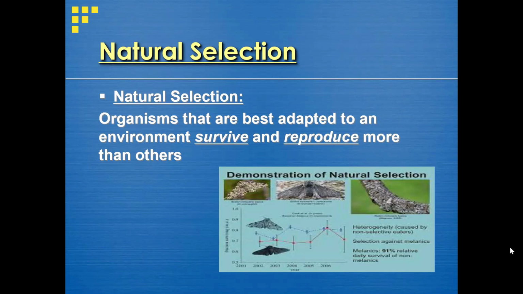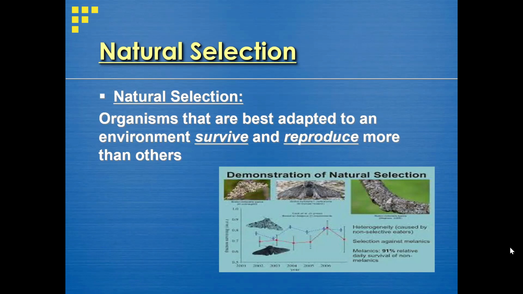and also as a result of that adaptation, because when you say adaptation, it means the ability of a living organism to survive in a particular environment. So those organisms that are able to survive in a particular environment and reproduce more than the others are considered suited to that environment.